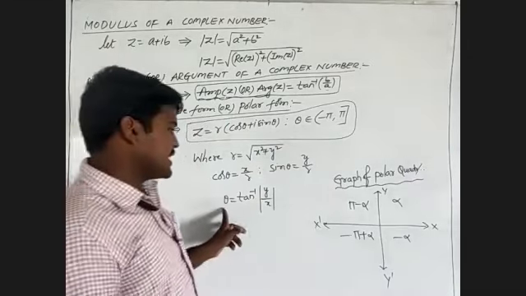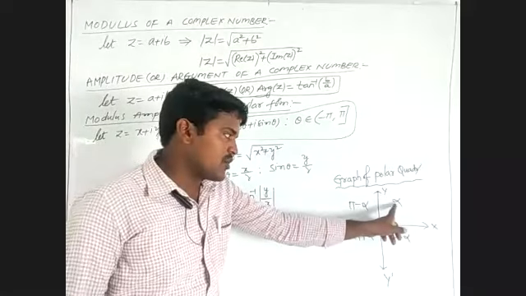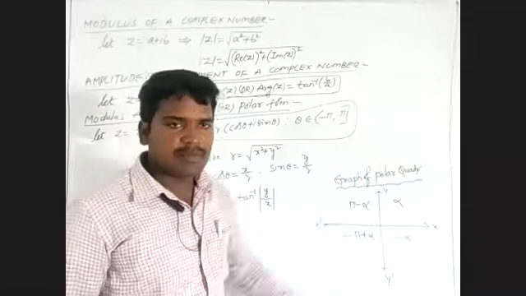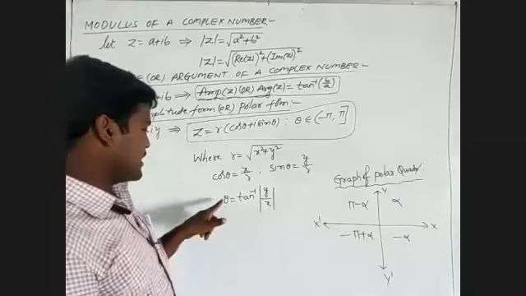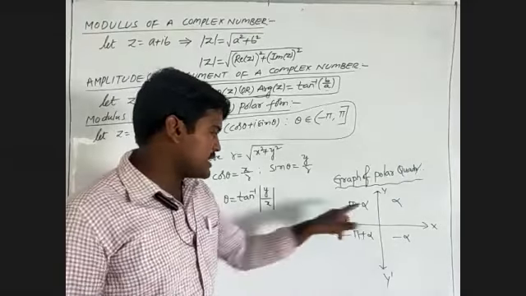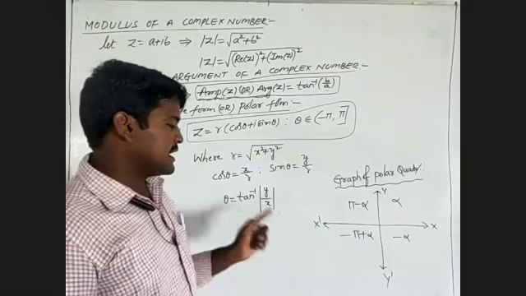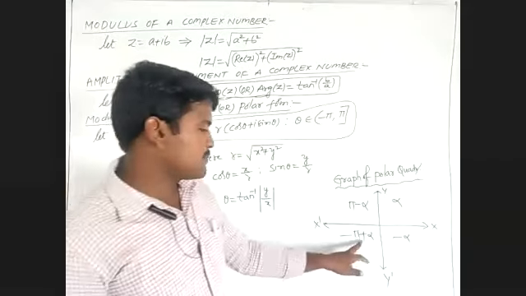Here, first theta. If the polar quadrant lies in quadrant 1, theta must be equal to alpha. If it lies in the second quadrant, theta must be equal to pi minus alpha. If theta lies in the third quadrant, it is written as minus pi plus alpha.